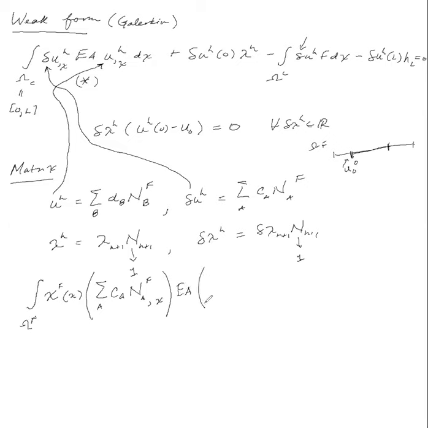And we've got our second substitution, which is the sum on B, d_B N_B comma x. Notice the derivative just passes through to this function, the basis function. This is just a constant value, the coefficient. And then we've got dx.